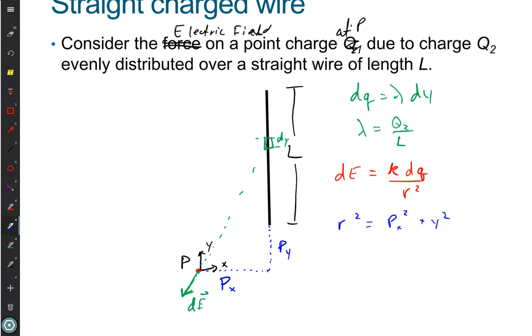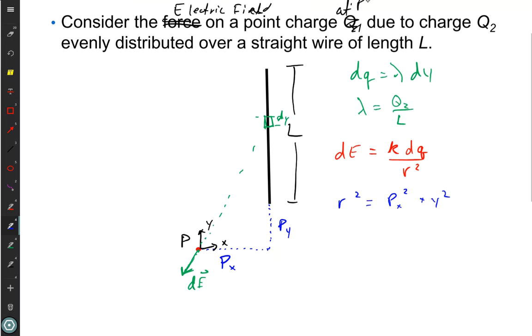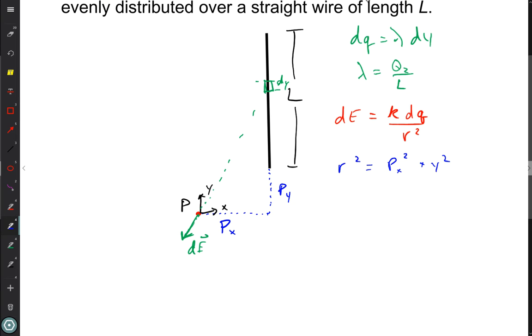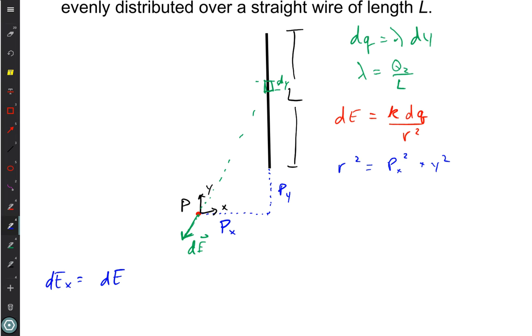If I break it into components, that means I need to have dE in the x direction and dE in the y direction. So I have magnitude dE, how much will it be in the x direction? Once again, I'm going to define an angle, theta, like this. So what's the x component of my dE?